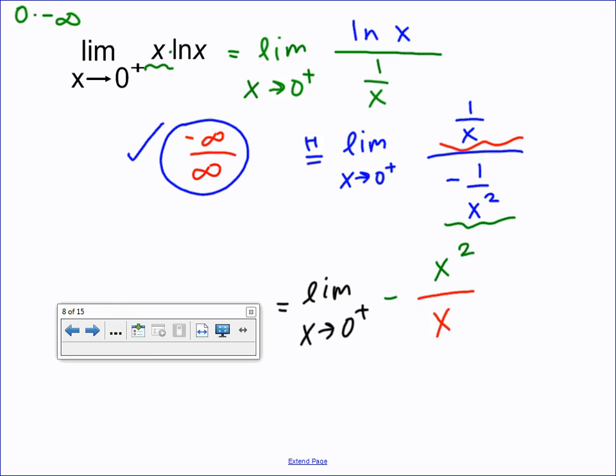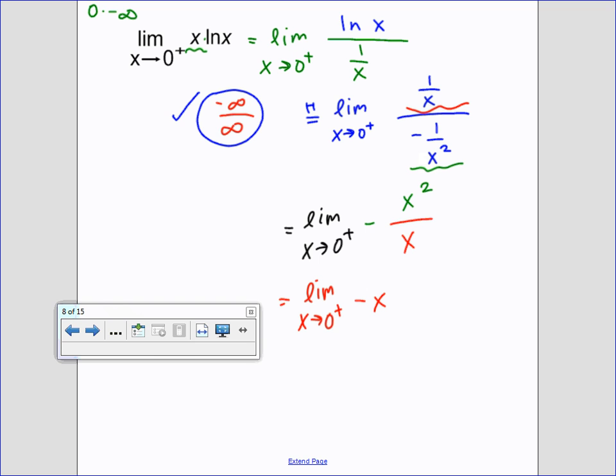Well, isn't that the same as the limit as x approaches 0 from the right of negative x? Yes, doesn't that reduce? Is 0 in the domain of my expression? Yeah. Can I evaluate this limit through x substitution? Yeah. And so this now is just equal to 0.